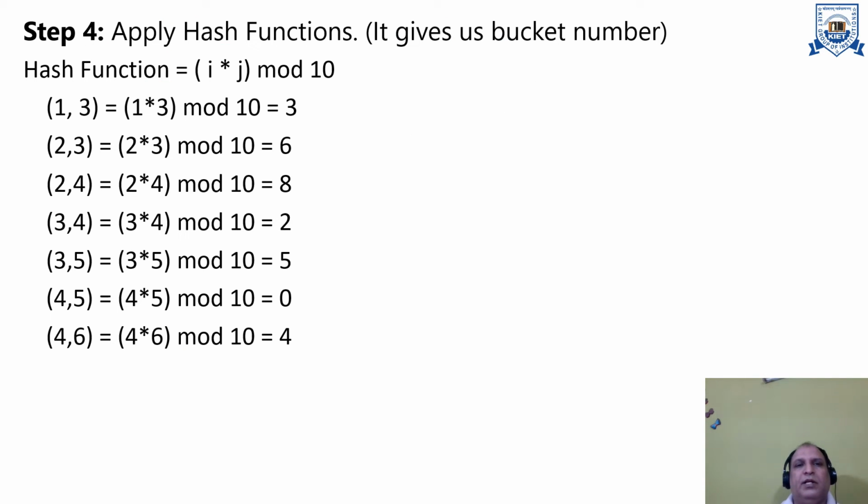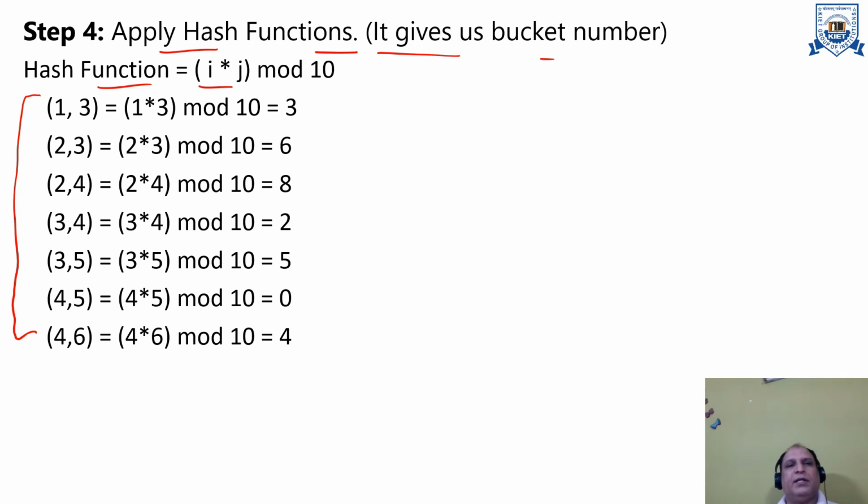Now depending on the candidate table, suppose the candidate table has these items. Next step is to apply the hash function, and this will give the bucket number. The hash function is i into j mod 10 here.